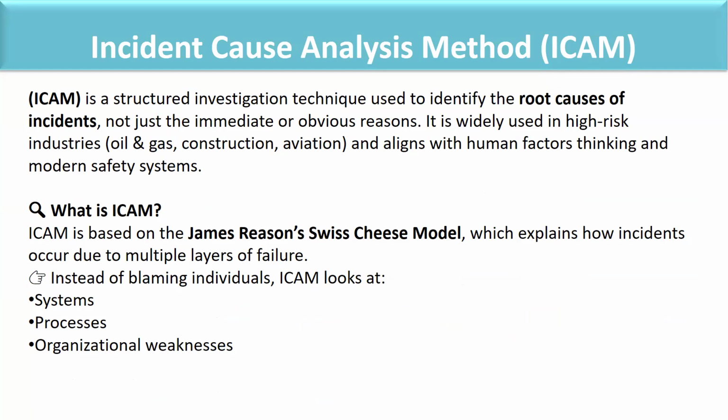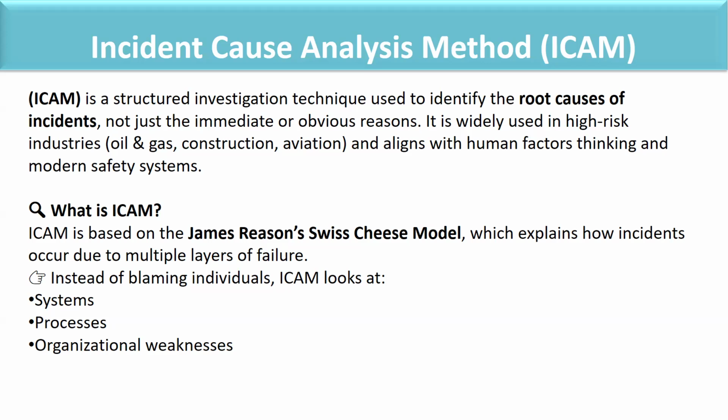It's widely used in high-risk industries like oil and gas, construction, and aviation, and is aligned with human factor thinking in modern safety systems. ICAM is based on James Reason's Swiss cheese model, which explains how incidents occur due to multiple layers of failure.